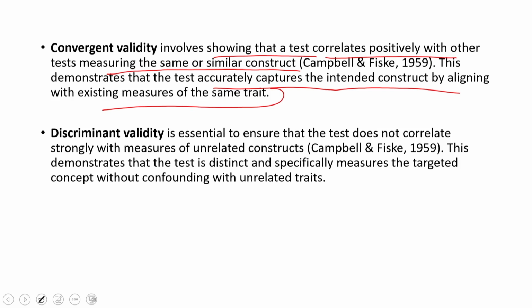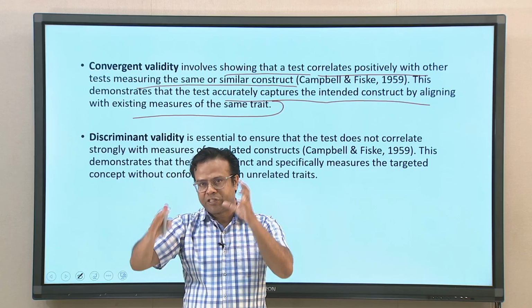So, let us say convergent basically means what? You are developing a new test. It should positively correlate with other measures of constructs which are similar. There are many concepts in psychology which theoretically have lots of similarity.